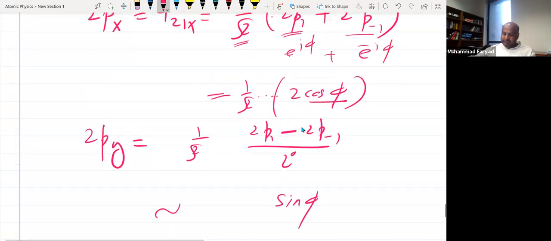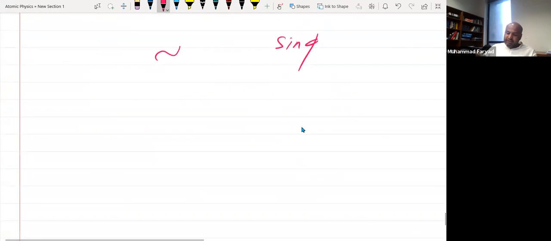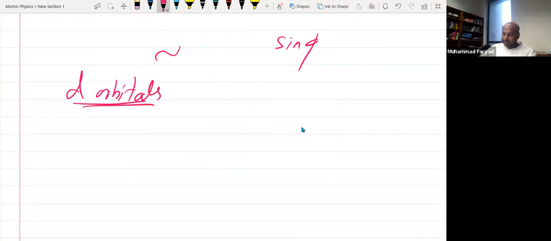Similarly, if we have d orbitals, d orbitals come with l equal to 2, which means m can be minus 2, minus 1, 0, 1, and 2.